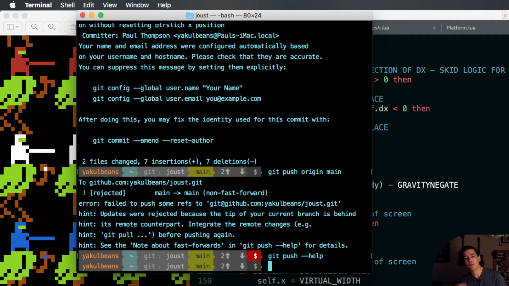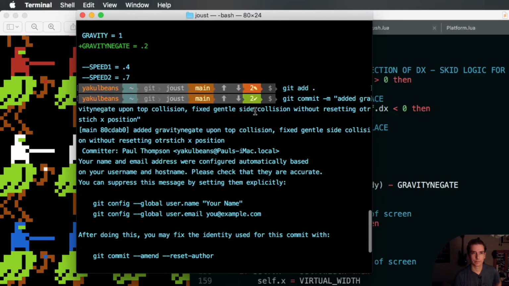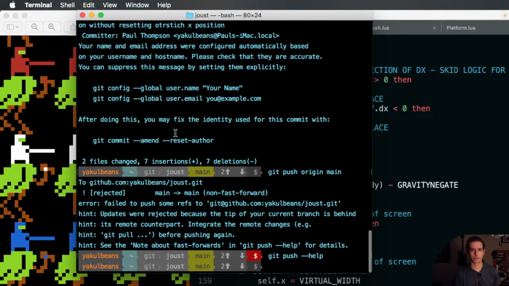And upon breaking it, I reset the head of my git branch, or whatever you want to call it, the head. It's set here. Right here, the tip of my current branch is behind its remote counterpart.